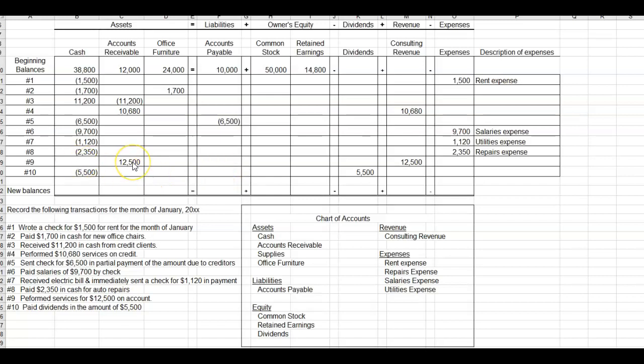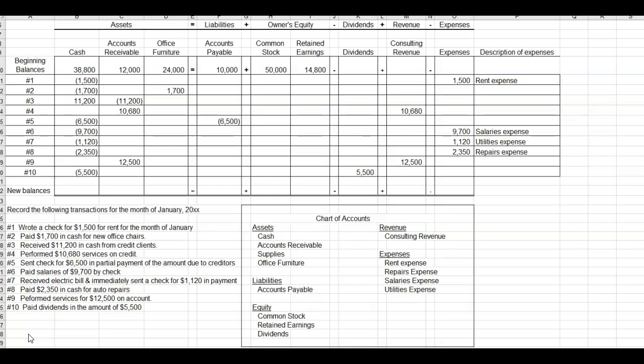Increase accounts receivable by $12,500 and increase consulting revenue $12,500. Transaction 10, paid dividends in the amount of $5,500. Decrease cash $5,500 and increase dividends $5,500. Did you get them all recorded correctly? If not, please pause this video and take a few minutes to fix your spreadsheet.